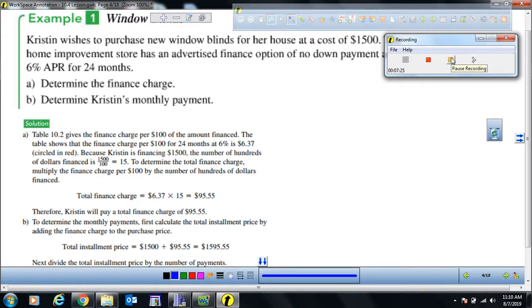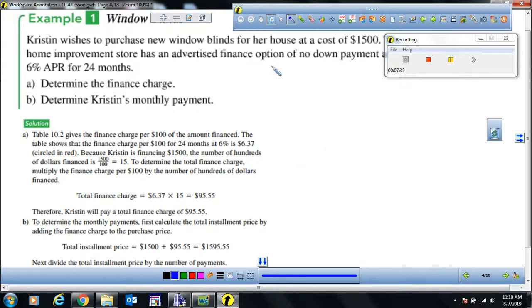So table 10.2 gives the finance charge for every $100 of the amount financed. That's what the table we were looking at was really calculating. The table shows the finance charge for every $100 for 24 months at 6%, and that's 6.37.